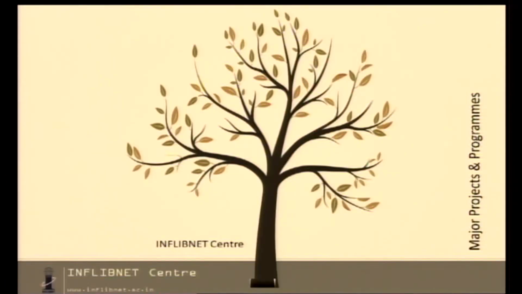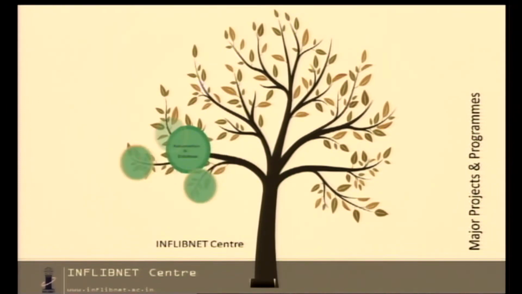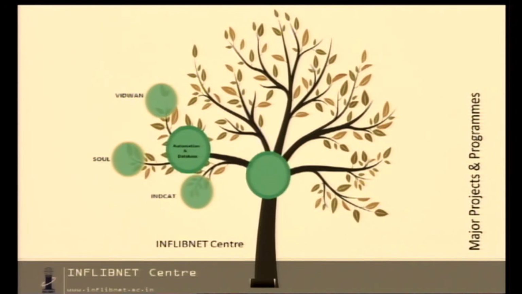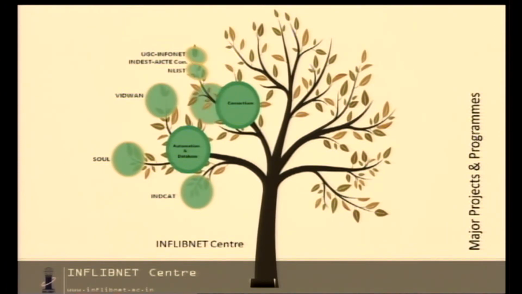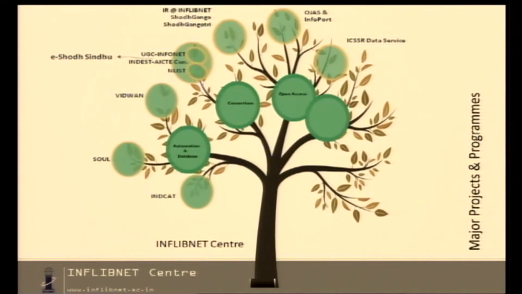Before talking about open access initiatives, I will touch upon the activities that INFLIBNET has been doing in a nutshell. To begin with, as I covered in part 1, we have library automation and databases as one activity, where universities were funded for automating their libraries, and the result of automation was bibliographic records that they created for the books and journals available in their library. This was contributed to the INFLIBNET Centre for setting up a union catalog of books.